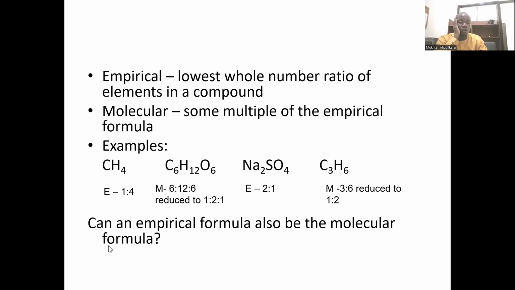For example, in the case where we have C12H22O11, this is both the empirical formula and the molecular formula of the compound, because in this case there is no way that you are going to reduce the ratio. If you divide C12H22O11 through by 2, for the 11 you are going to have a decimal. That is why the empirical formula and the molecular formula in this case are the same.